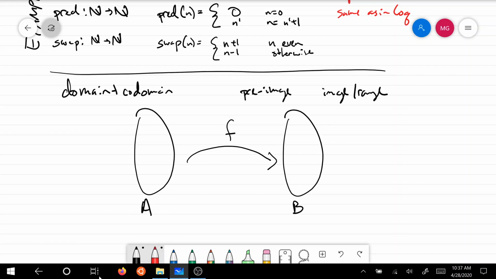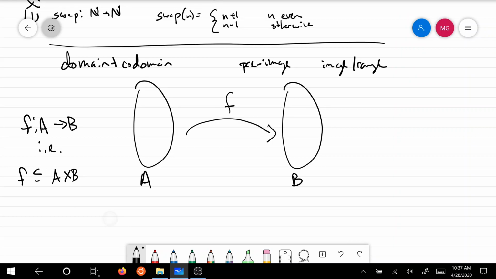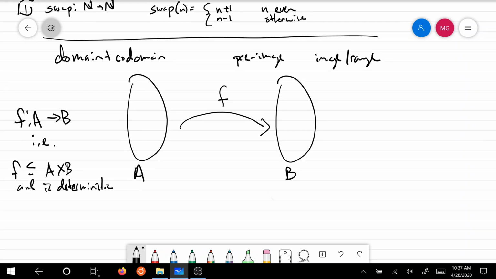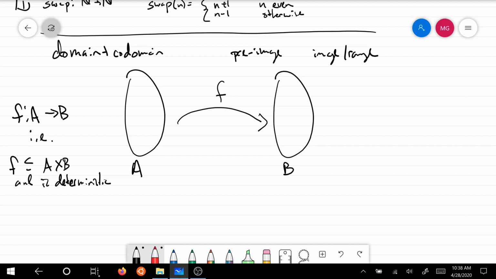So if f is a function from A to B, i.e. f is in this type and is deterministic, then we say that A is the domain and B is the codomain.